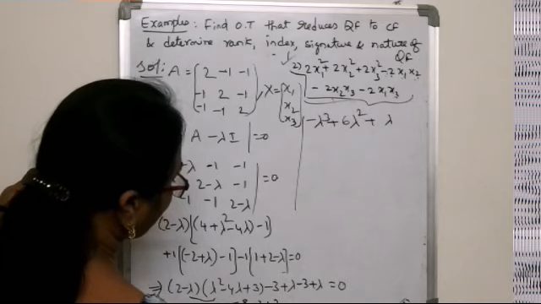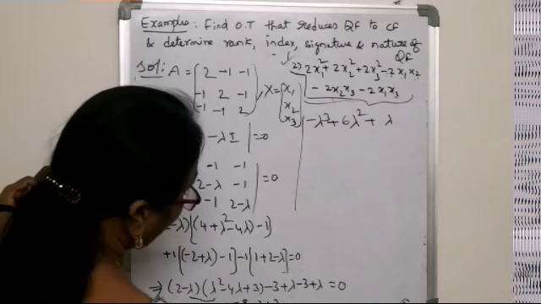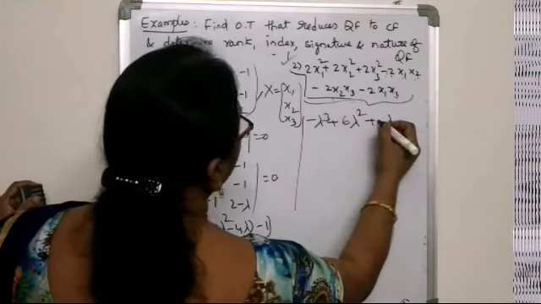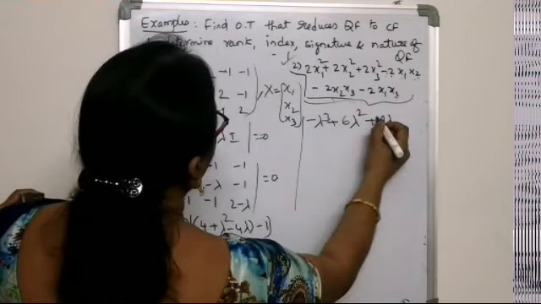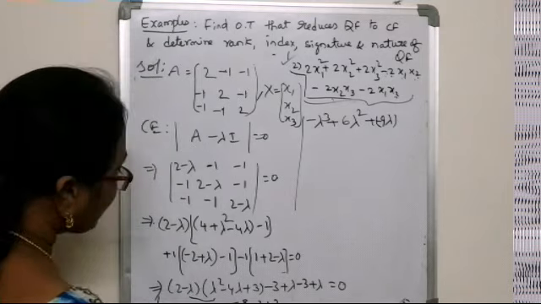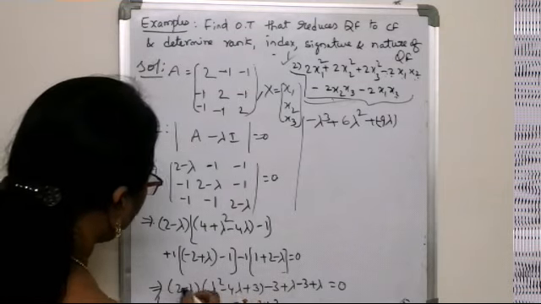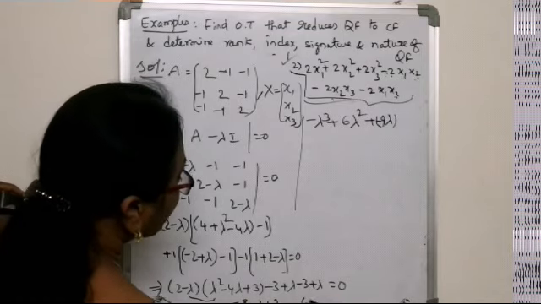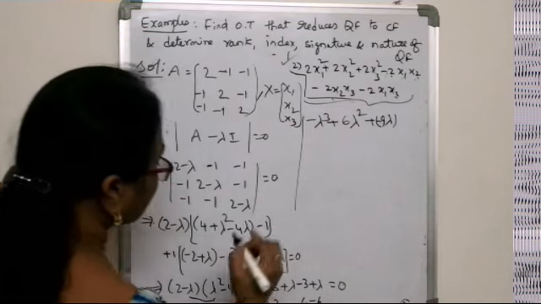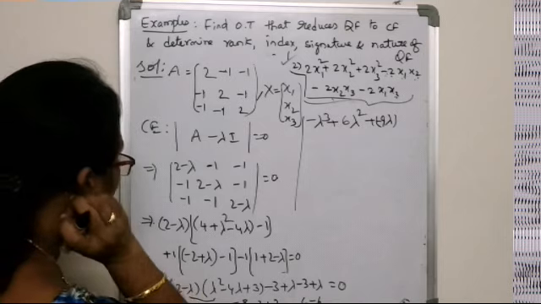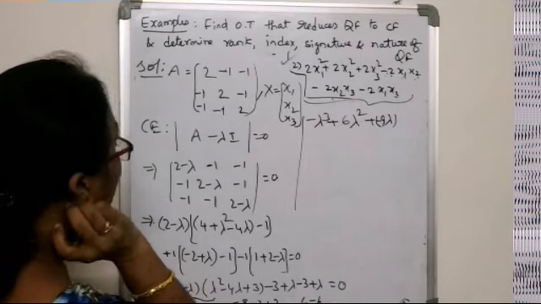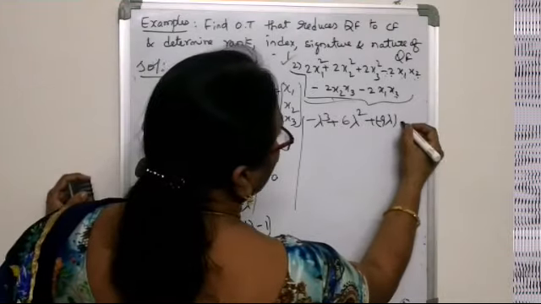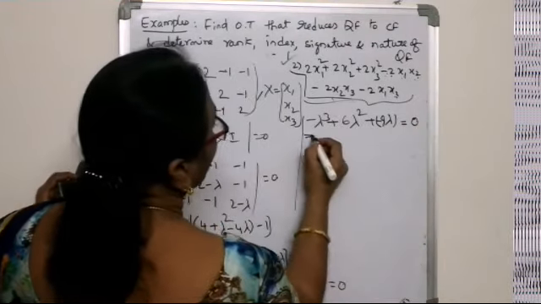So when it is minus 8 minus 3, we have minus 11 plus 2, we have minus 9. It is minus 9 lambda. And the constant term we have is 3 into 2, 6. Again here minus 3 we have minus 6. We have the coefficient is equal to 6 minus 6 is equal to 0. So no constant term here, we have 0.